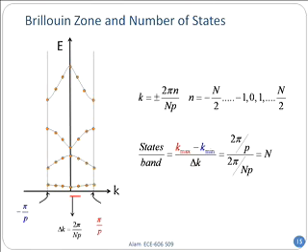Do you see on the left bottom side of the graph, the maximum side is pi over p shown here in the red, and the minimum side is minus pi over p shown in the blue. So the difference is 2 pi over p. And the delta k where the solutions are available is 2 pi divided by np. And therefore, if you divide it up, every band has n points.